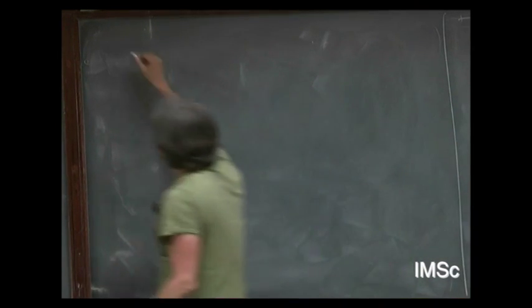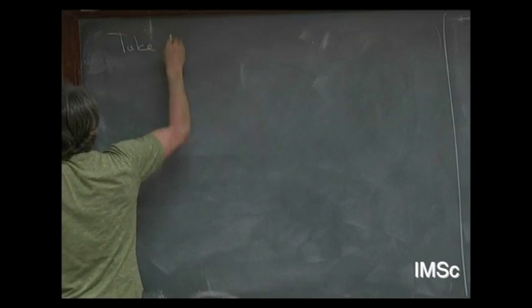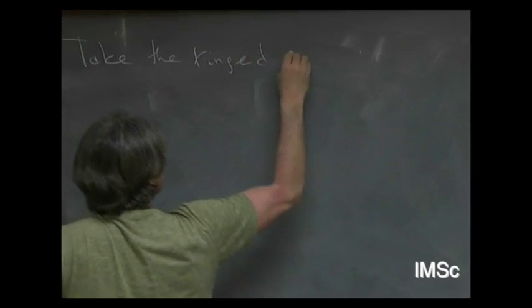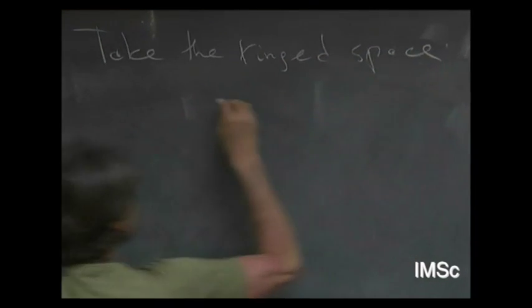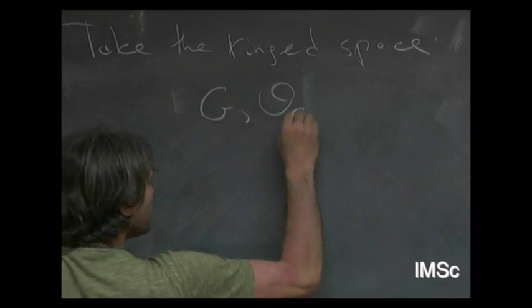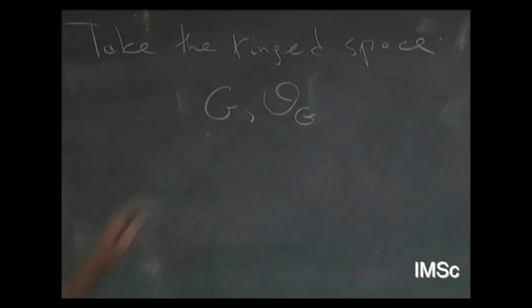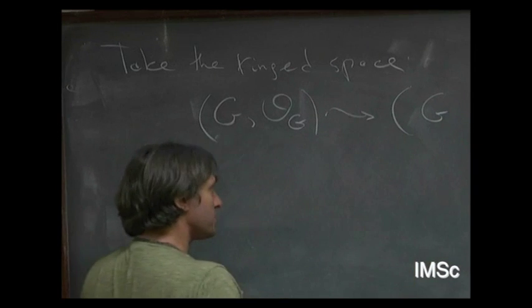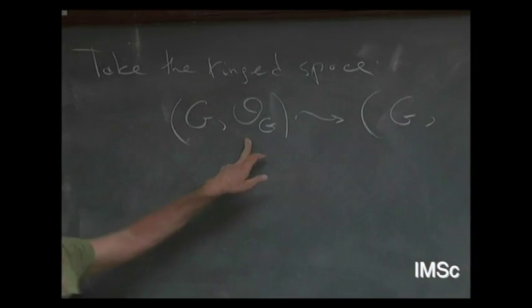So take the ring space. So instead of G with O_G, right? So it's a ring space. Consider the same topological space G, but change the ring of functions.